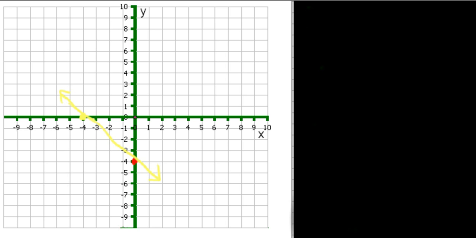The x-intercept is -4 because this is the point where the graph intersects the x-axis. Now, the graph intersects the y-axis at 0, -4. So the y-intercept is going to be -4.